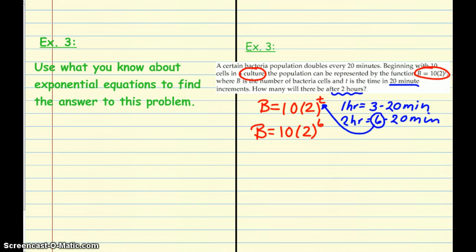Following order of operations, we do the exponents first. So we get b equals 10, and 2 to the 6th power is 64. And multiplication, 10 times 64 gives us 640. So we figured out, using this particular bacteria, this particular culture, after 2 hours it goes from just 10 bacteria to 640 bacteria.